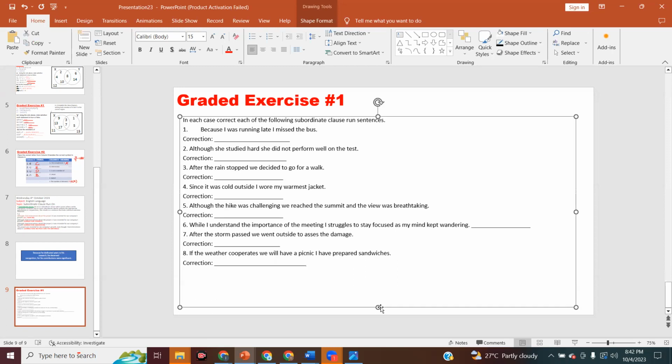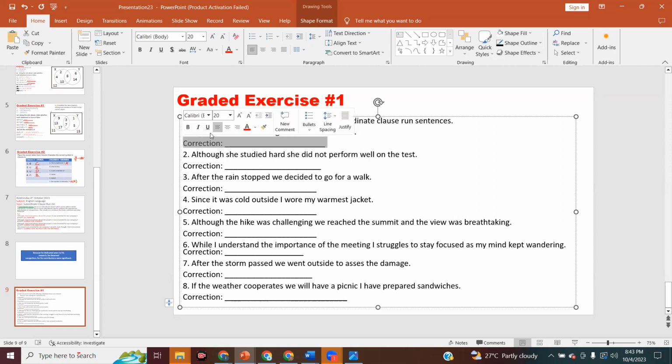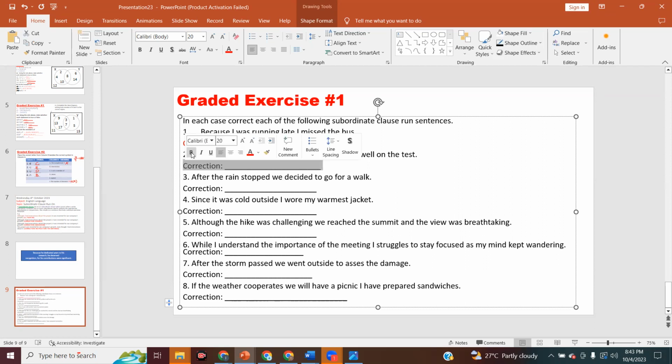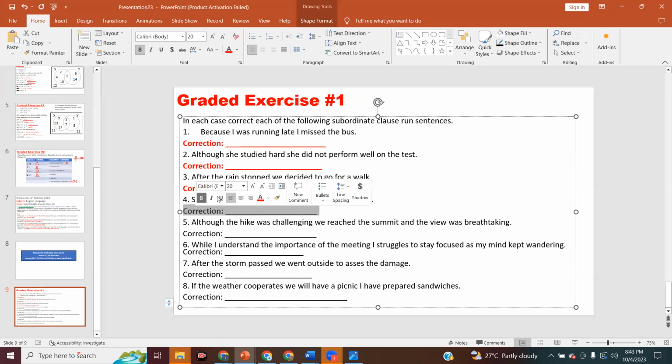So in each case, we have subordinate clause run-on sentences. And so the idea is to look at those subordinate clause run-on sentences and to make the correction, okay? You can use a comma, semicolon, or you can restructure it. But you just have to make the correction to it.